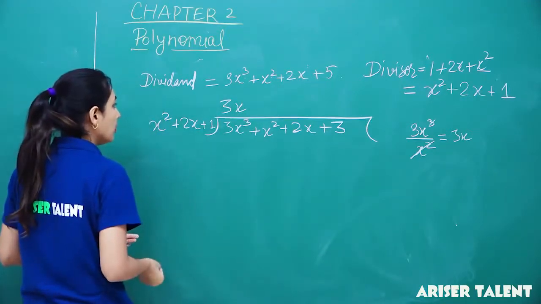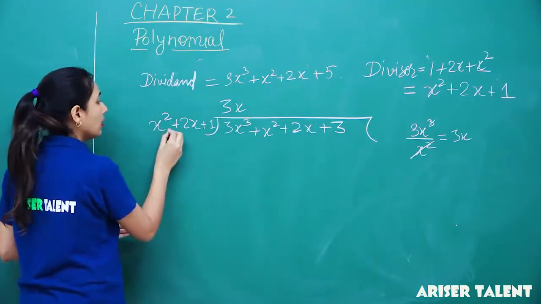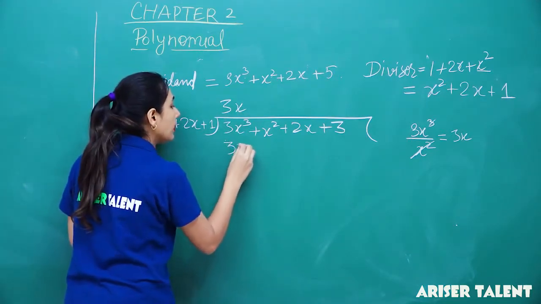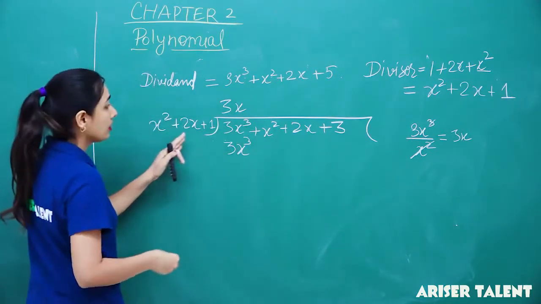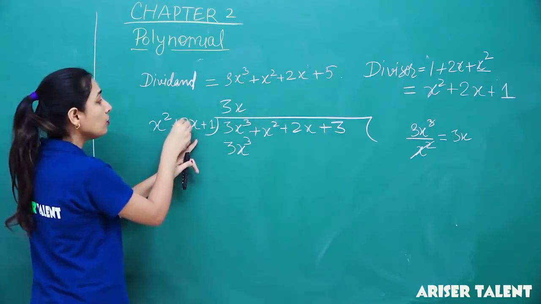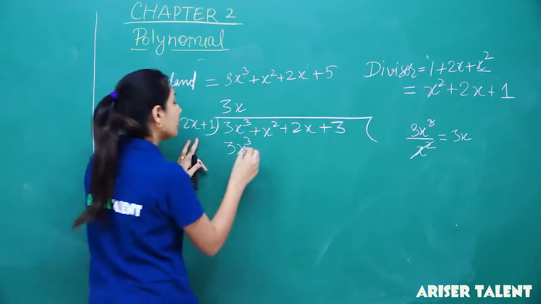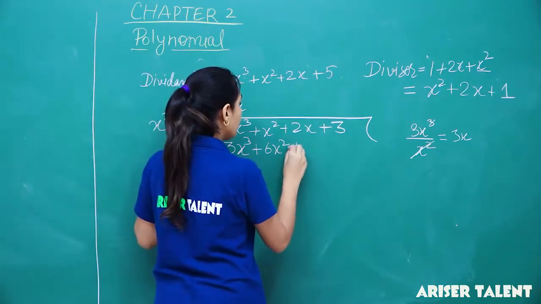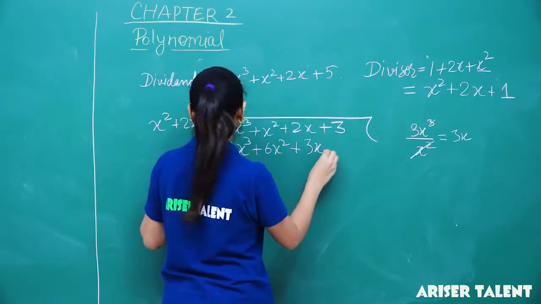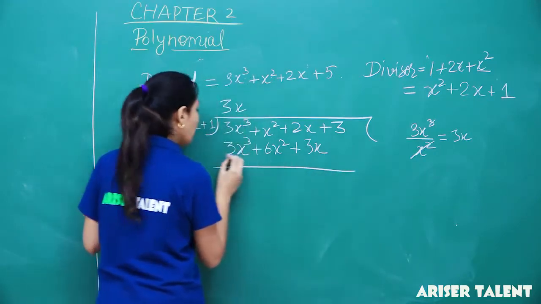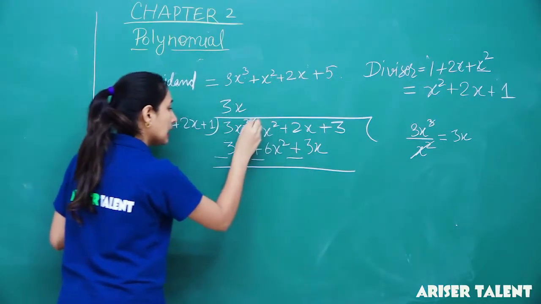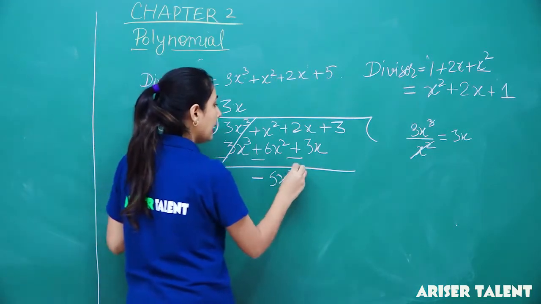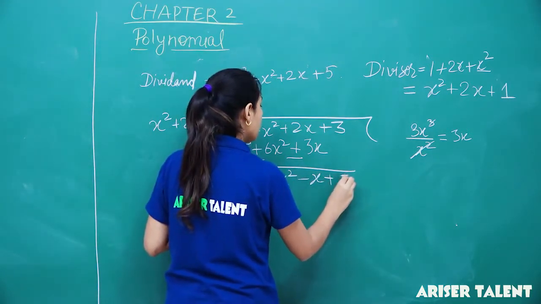Okay, students. So 3x will give you 3x cube. Then that will give you 6x square, and then it will give you 3x. Okay students, now change the signs, cut this out, minus 5x square and minus x plus 3.